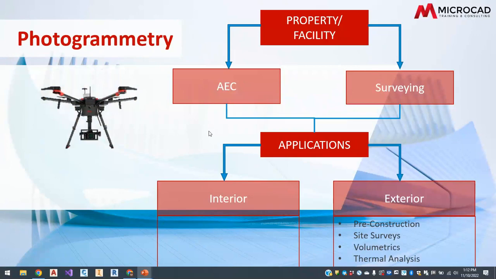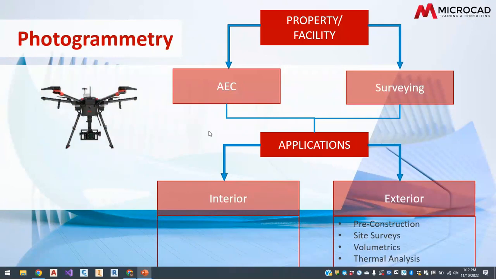However, when we start to grow in size for the project, we typically fall back to photogrammetry, where we can cover acres at a time, versus a scanner setup, which is only going to get several hundred square feet at a time. So photogrammetry is where we look for exterior, and the types of applications where we would use this are pre-construction and site surveys.